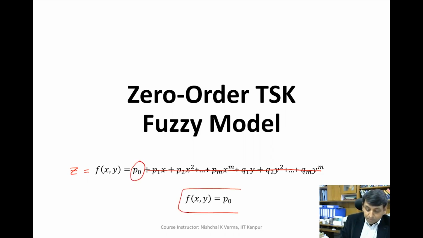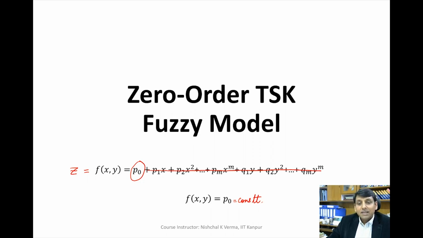So f of x comma y will be equal to only the constant part, P0. No x term, no y term. This means that the zero order TSK fuzzy model output will not depend on the generic input variables, here x and y.